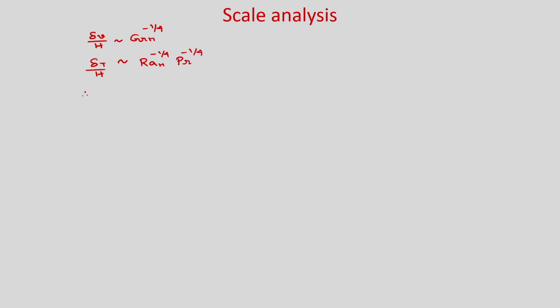So, from here you can see delta V by delta T will be order of Prandtl number to the power half, and obviously it will be less than 1. So, delta V will be much less than delta T.